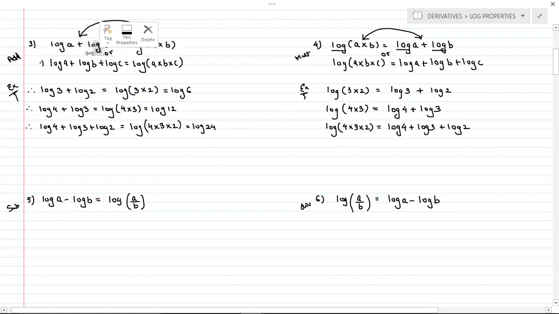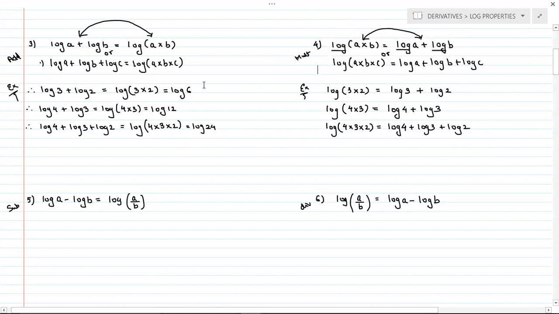Whether you have two terms here or more than two terms, doesn't matter. But see the connection, if the connection is plus, it will get converted into multiplication. So your fourth formula is a reverse process of the third formula. Your multiplication will get converted into addition.